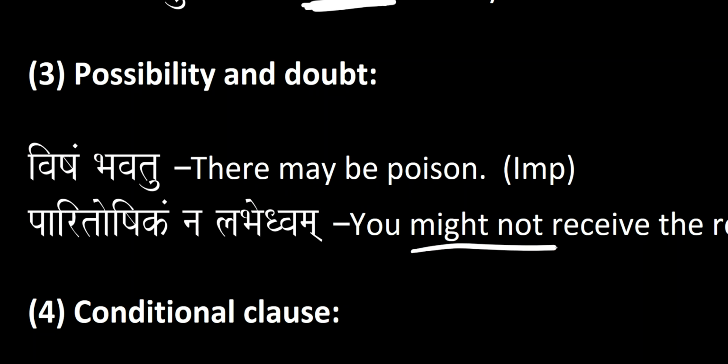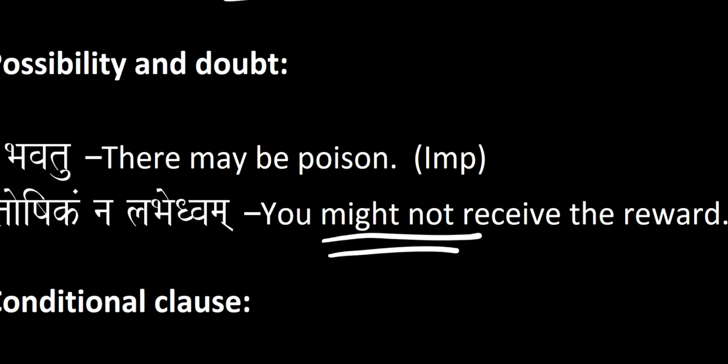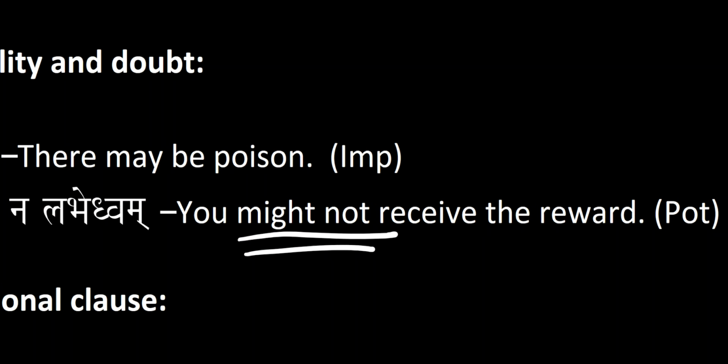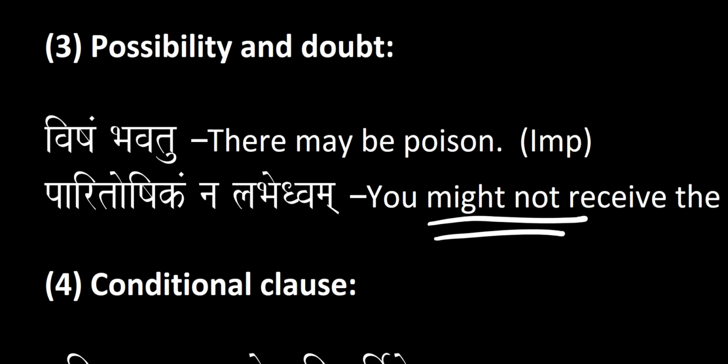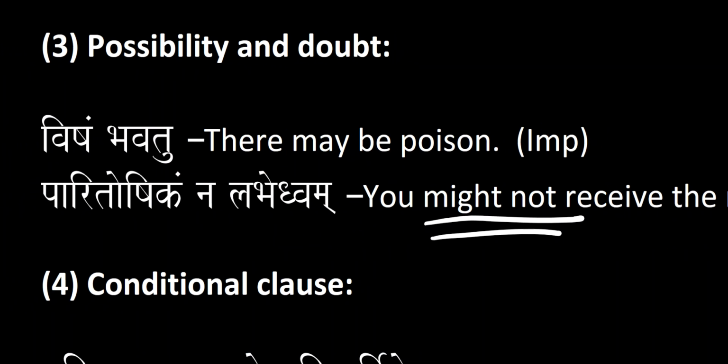You might not receive the reward. So there's a potential that you might not receive the reward. That's why that mood is the potential mood instead of the imperative. That's why we'd use the potential over the imperative, because there's a possibility again.